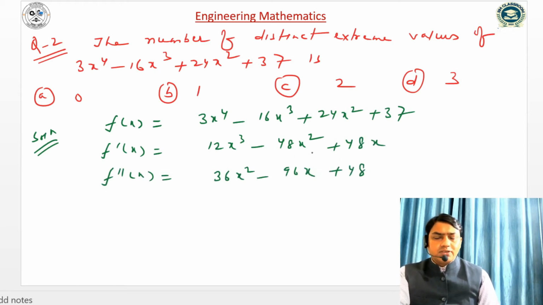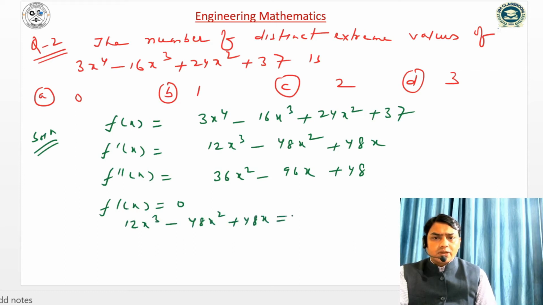So we have to find the different stationary points. For obtaining the different stationary points, we have to equate f dash x equal to 0. So 12x cube minus 48x square plus 48x is equal to 0.